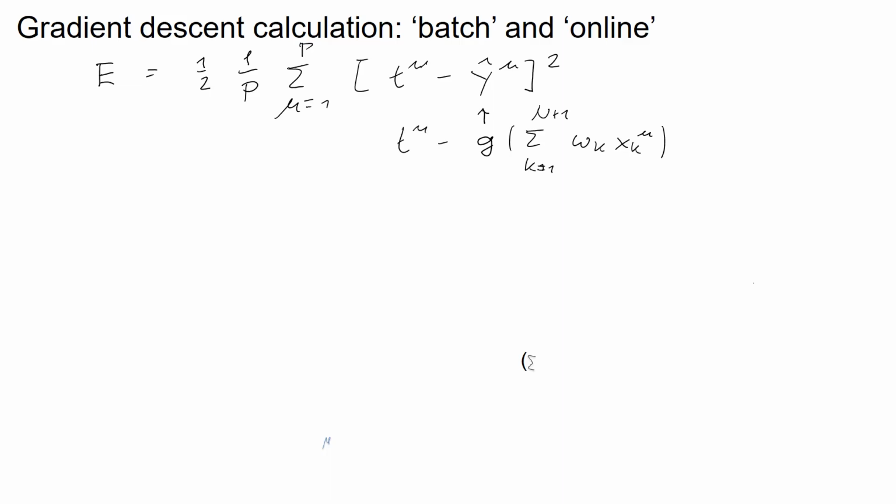So t mu minus this squared sum over mu, 1/2, 1 over p.